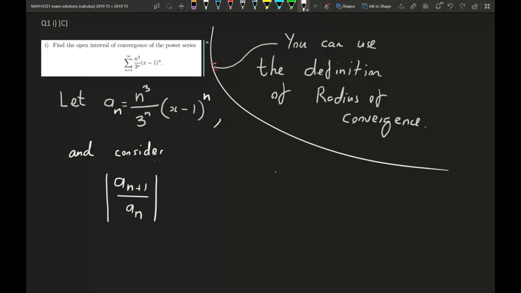And we don't want to worry about negative signs. I want to worry about positive quantities, so I'm going to put absolute values there. And I'm only concerned about what's happening for large values of n, so we're looking at a limit.